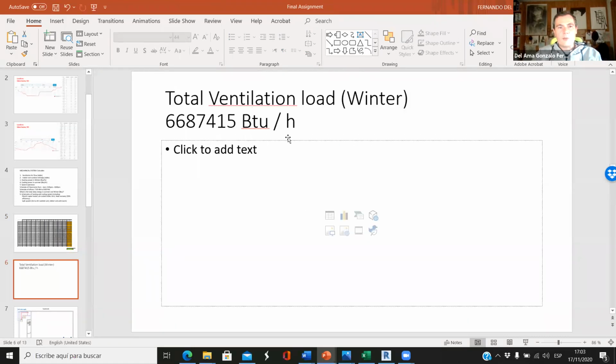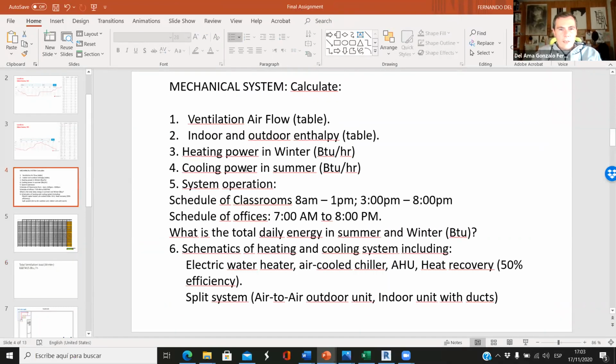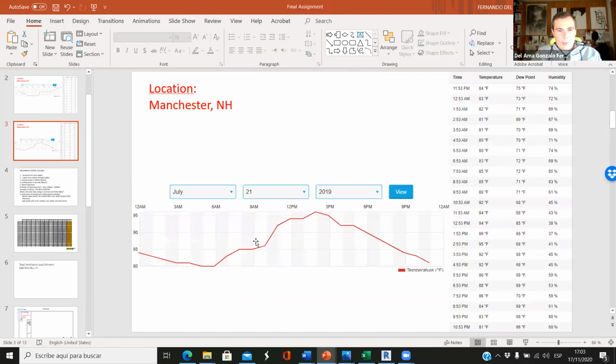So this is power. Okay, so now we have the heating power in winter, well, that would be the heating power in BTU hours. And now we need the cooling power in summer. So you only have to type these temperatures there, and you will get the cooling power.